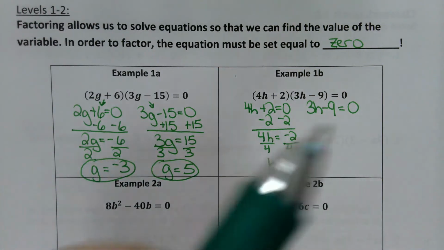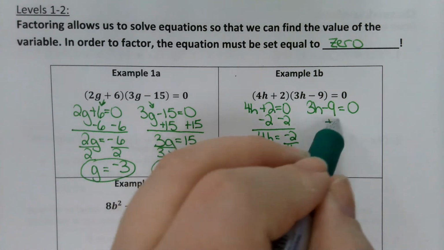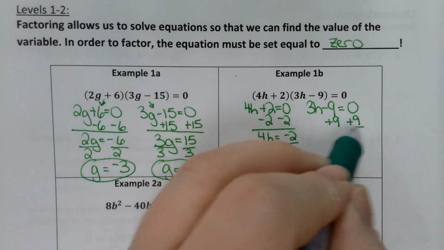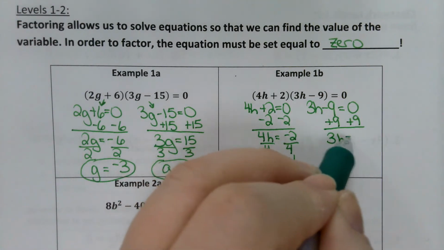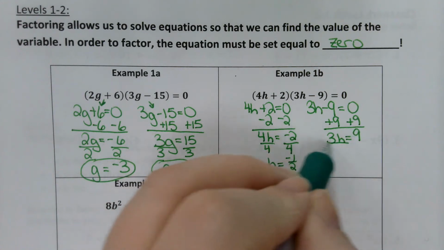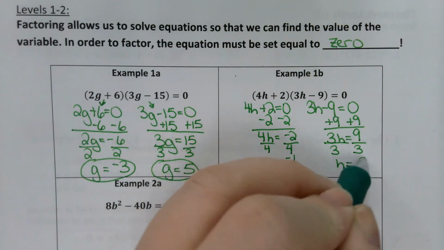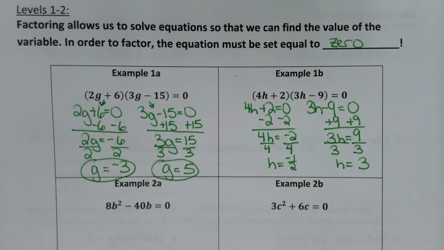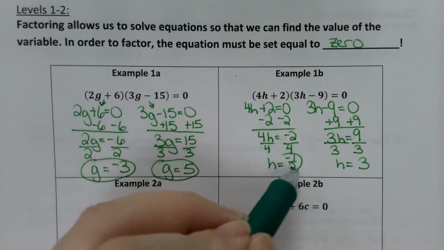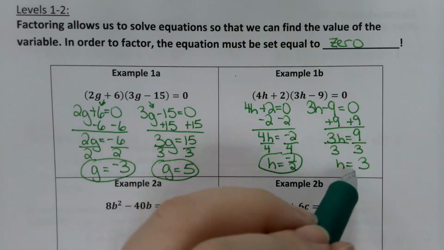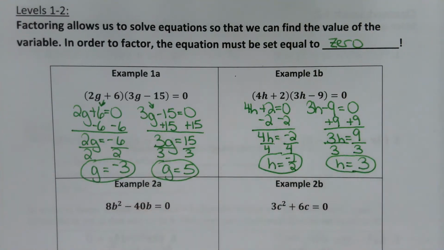For our second factor, we'll add 9 to both sides. 3h is equal to 9. Divide by 3 on both sides so that h is equal to 3. So our solutions are h equals negative 1/2 and h equals 3.